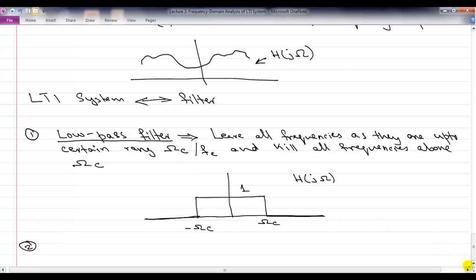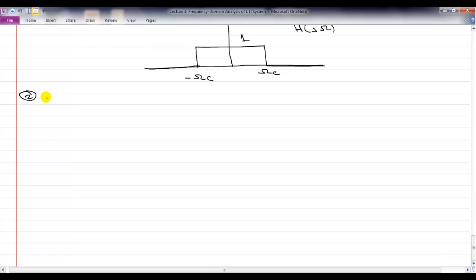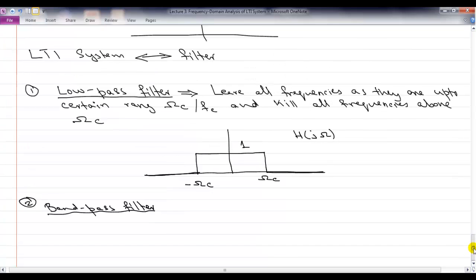The next class of filters is called the bandpass filter. Again, I could give you the impulse response of this filter, but it's best to think of it in terms of the frequency domain. Right? By the way, if you want to look at the low-pass filter impulse response, you just compute the inverse CTFT and you compute h of t.